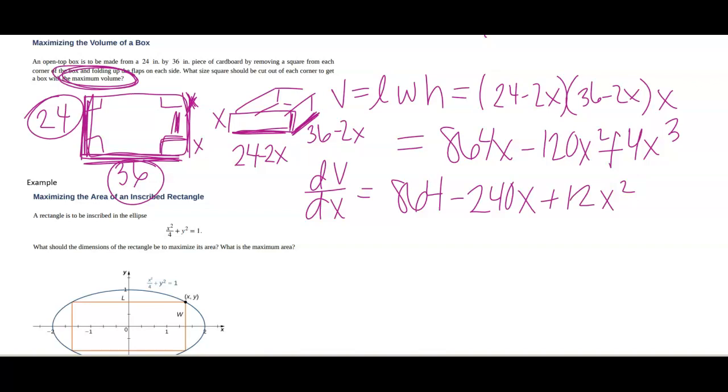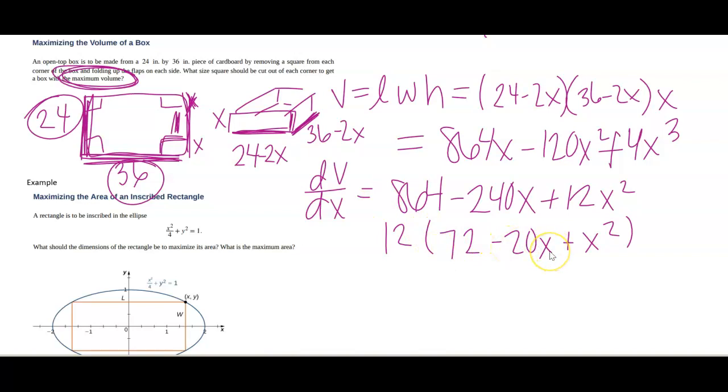Now, 12 is a factor of all of these, so let's see, what is 864 divided by 12? 72. So I'm going to factor out a 12. I get 72 minus 20x plus x squared. And if I were to find two numbers that multiply to 72 and add to negative 20, there isn't anything.